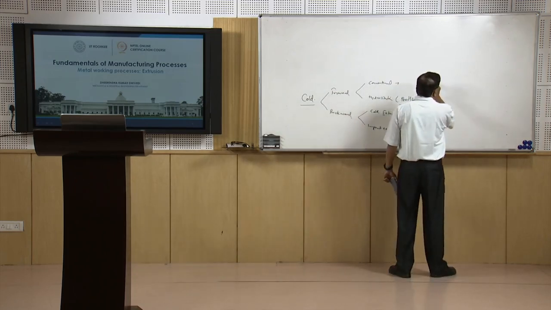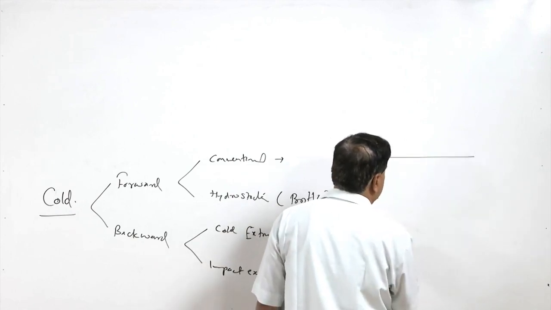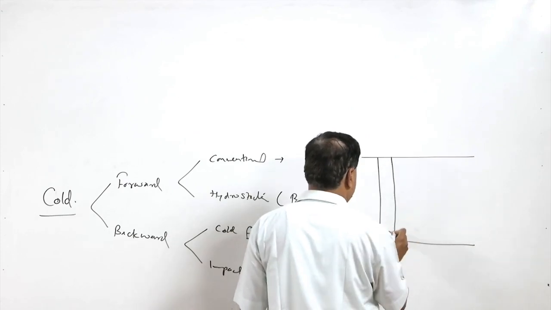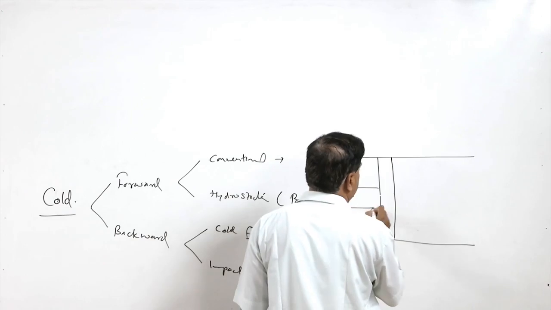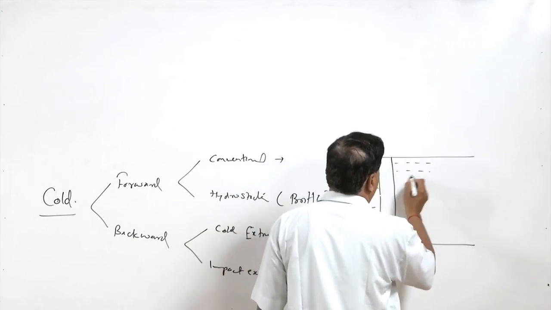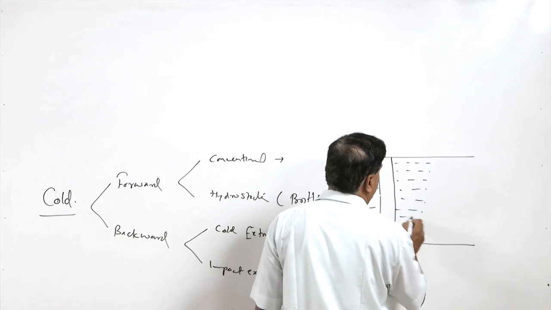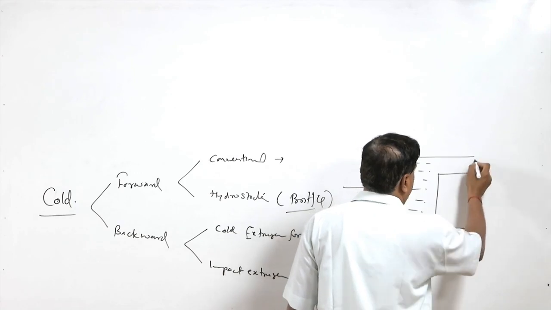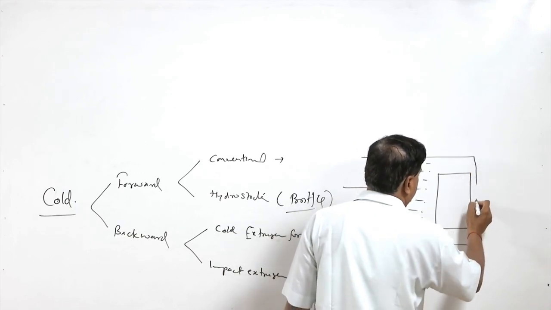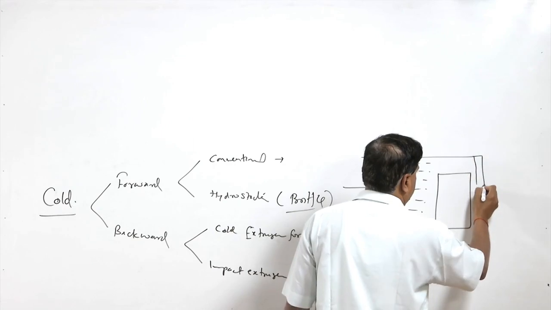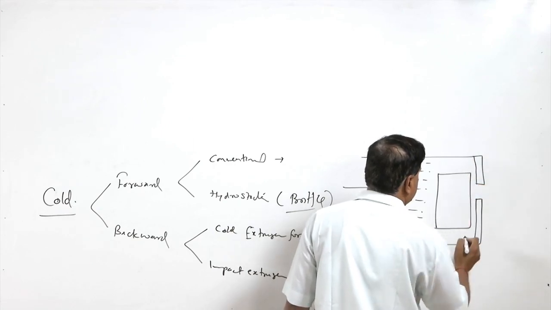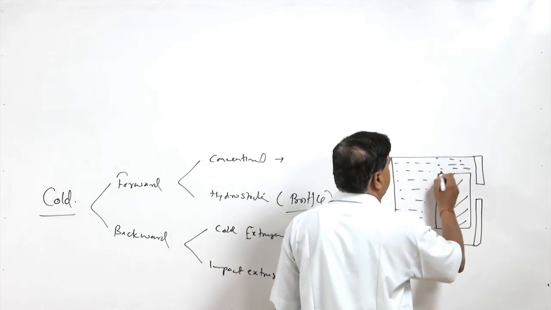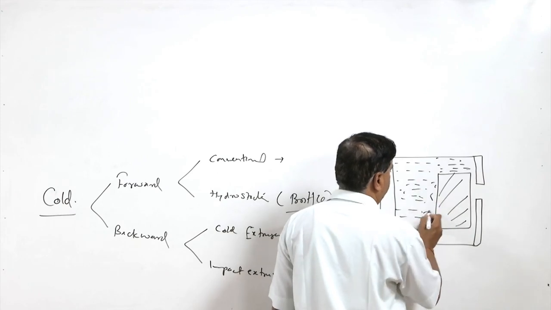But in case of hydrostatic extrusion, here this is one end which is movable and this is full of fluid, and here we place the billet, and on one side we may have the die opening like this. So, this is the billet and it is surrounded by the fluid.